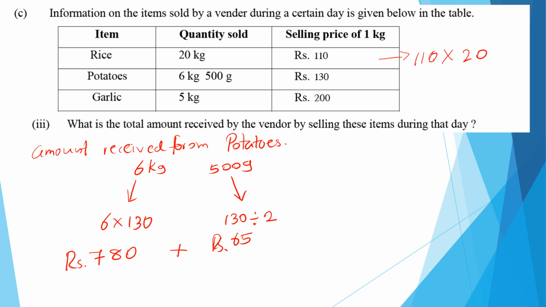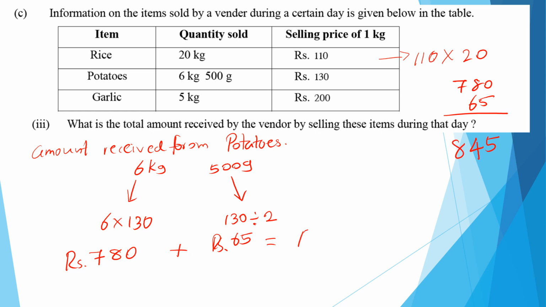So the amount that is received from potatoes, you can add this together. That means 780 plus 65. Then 5 plus 0 is 5, 8 plus 6 is 14, and 1 carries, so this is 845.